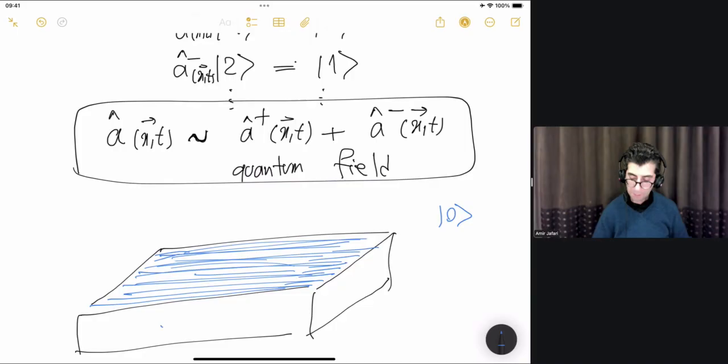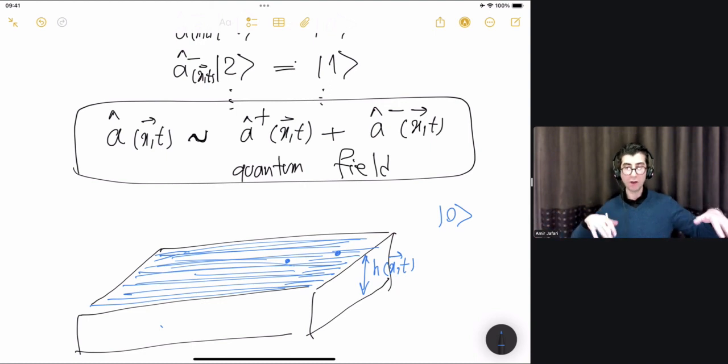The depth of water here, h, as a function of position and time, acts like a field. At any point in your swimming pool on the surface of water, you have a value for this h, so it's defined everywhere in space and time. As time passes, h can change at any given point.